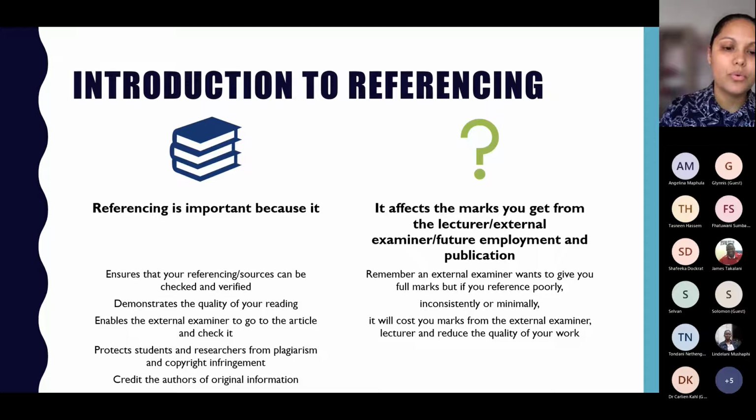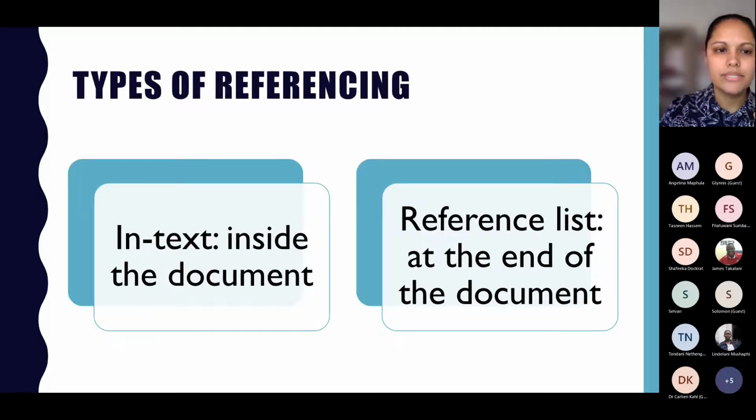Right, and we give credit to the authors of the information. Also, as I said, it affects your marks in the end, and the external examiner will look really poorly upon work submitted to them that has been plagiarized. So let's protect ourselves and get up to doing what we need to.